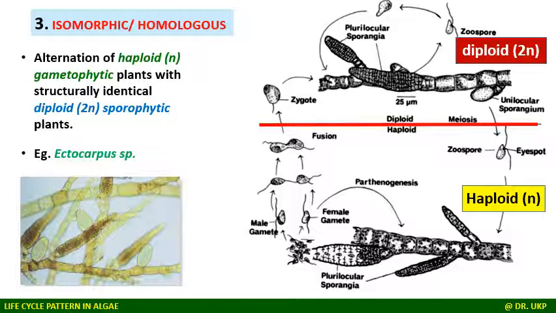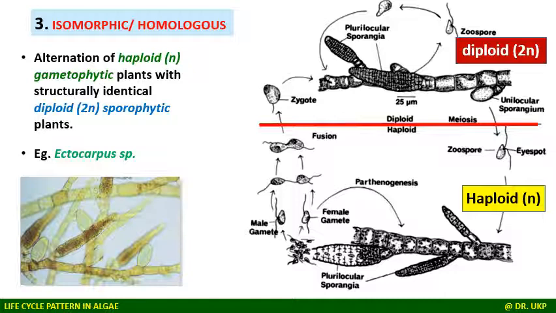Both the thallus bodies look very similar, that is, structurally identical. That's why they are called isomorphic life cycle.